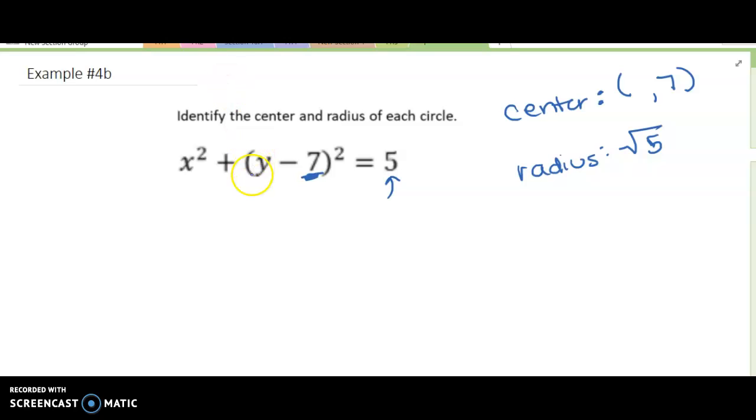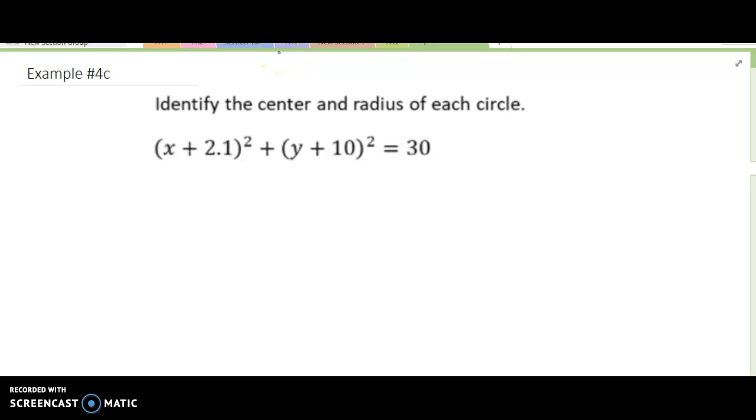All right, now if I look here to find my h, would you not say that x squared is the same as x plus 0 squared? Okay, so this here is the x value of my center. Okay, so I can say my center is 0, 7, and my radius is the square root of 5.